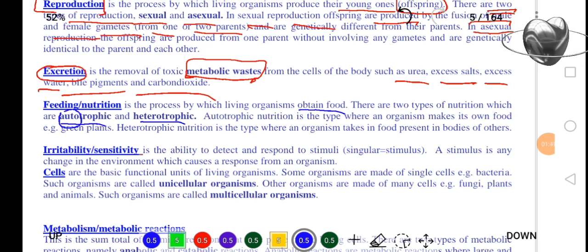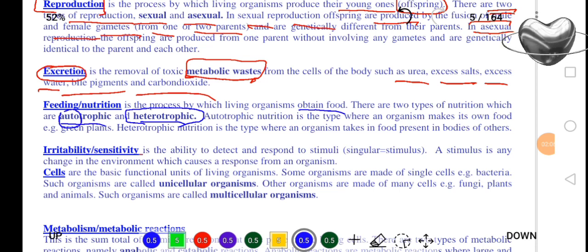Plants make their own food and they feed on the same food they make. As human beings and other animals, we are not able to make our own food. We depend on plants. Therefore, we are known as heterotrophs, because we depend on plants.